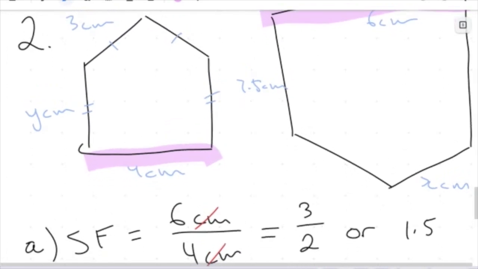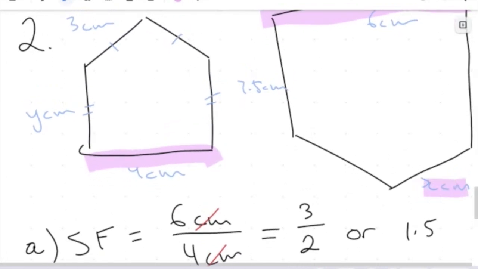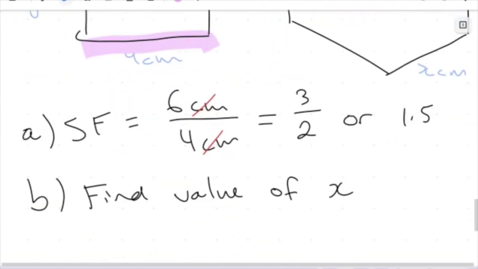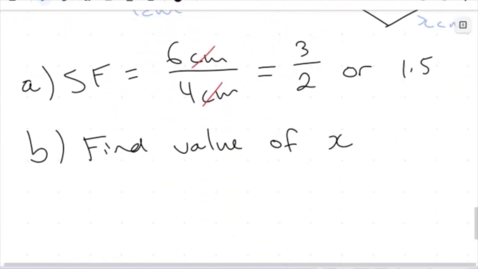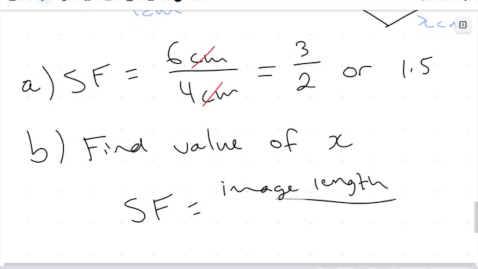So we want to match this to one of these shapes, to the same bit on my original, and that's going to be this side here. So I'm going to say, well, what do I know? I know my scale factor. I'm going to use my scale factor equation. So my scale factor equals image length over my original length.